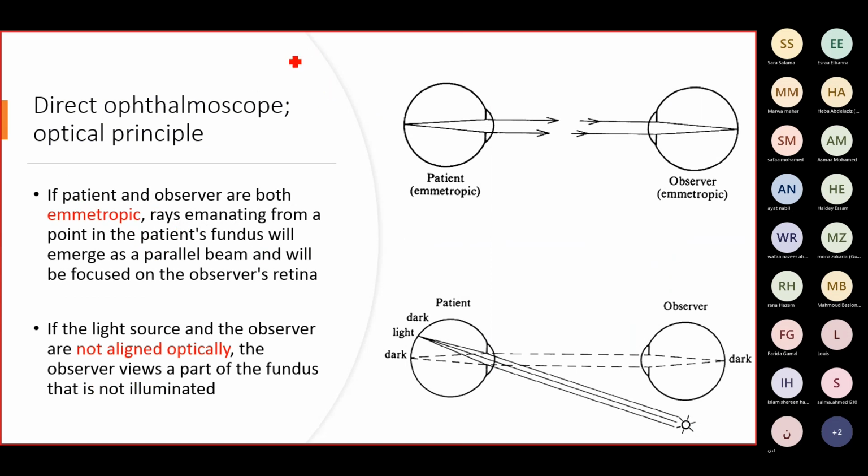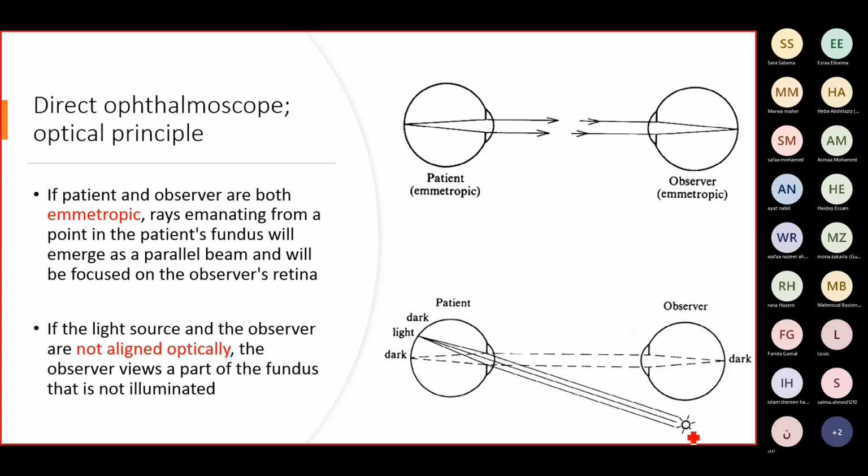So the main idea of the direct ophthalmoscope is that if you are looking at the patient's eye, you cannot see the inside of the eye because there is no light going in. So we want some light to go in so that we can observe the reflected image. And this light source and the observer's eye need to be coaxial. They need to be aligned optically.